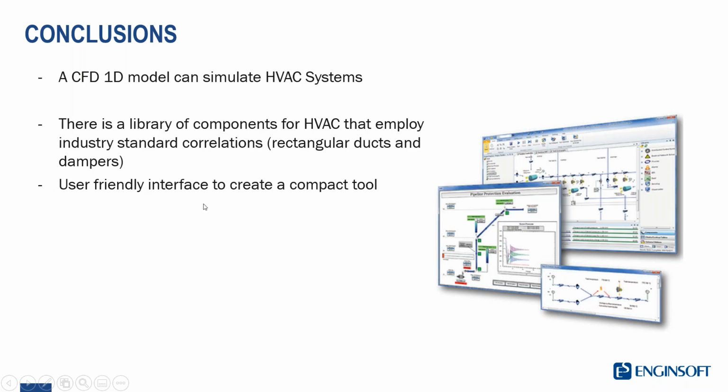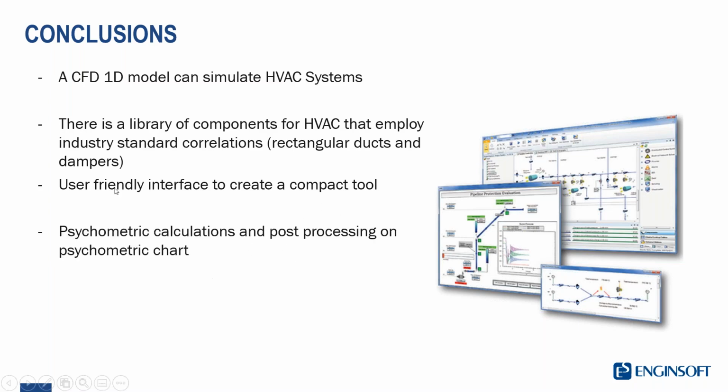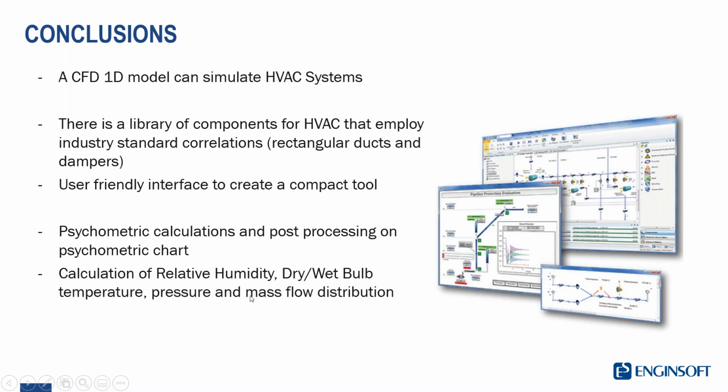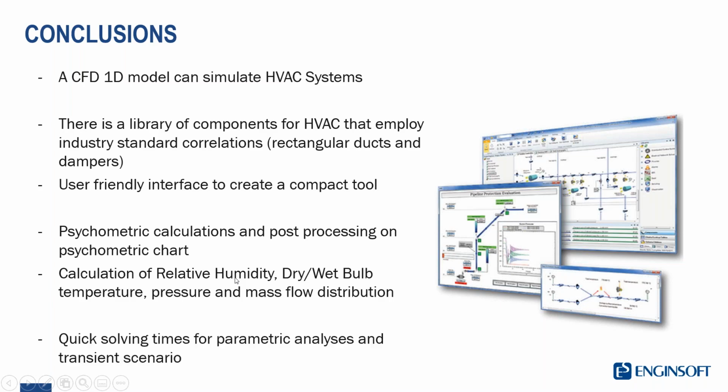You have an interface to create a compact network to check all the input data, and as a post-processing you have the psychrometric calculation. So you have the psychrometric data and a post-processing of the loop on the psychrometric parts, and as the main results you have in each part of the system the calculation of relative humidity, dry and wet bulb temperature, pressure, and mass flow distribution.